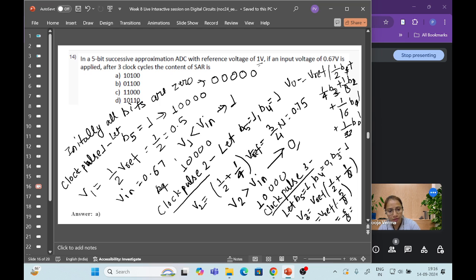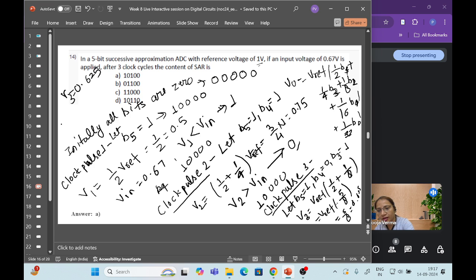What will we get after dividing? Can anyone answer this? That is 0.625. Okay. So V3, I am writing it here, you will get 0.625.